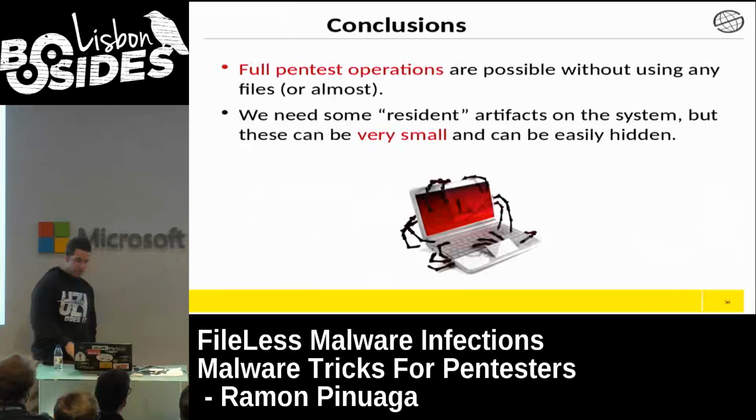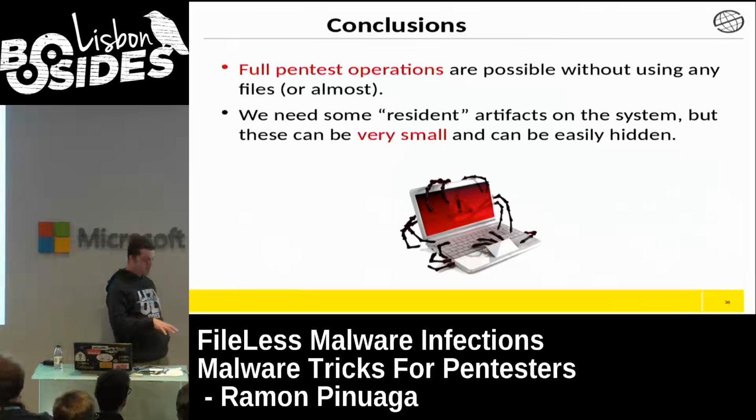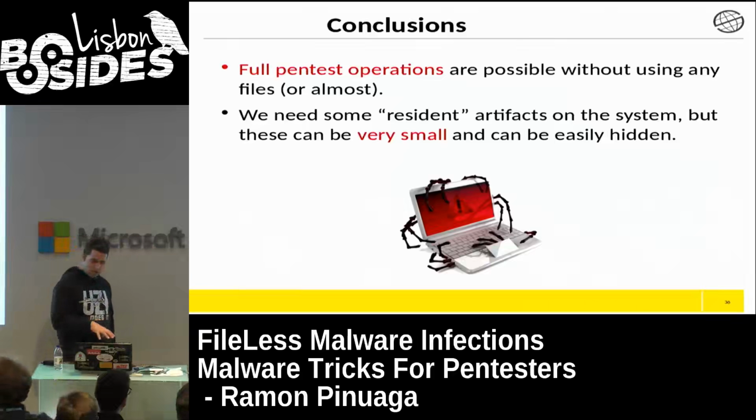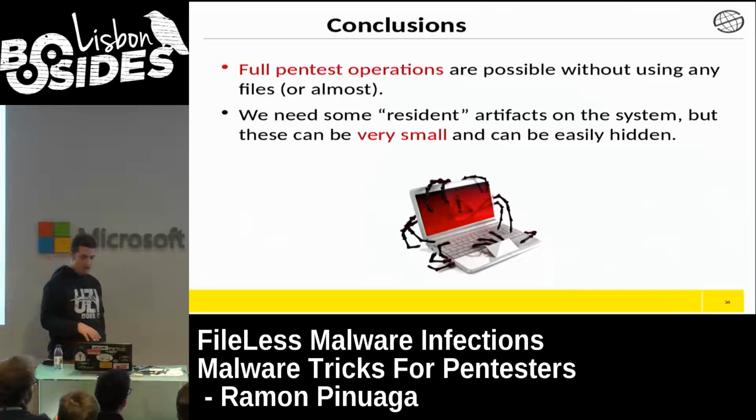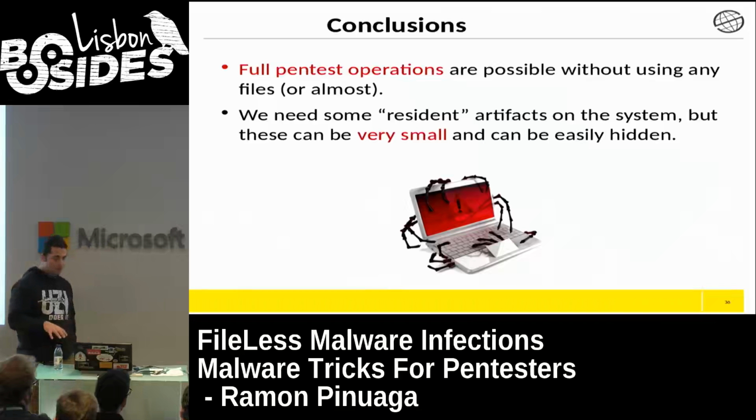So, conclusions. We can learn valuable lessons from this malware, and we can carry out a full pentest operation with these techniques without using any files or almost any file, leaving very few, or very difficult to detect, small chunks of code for persistence.